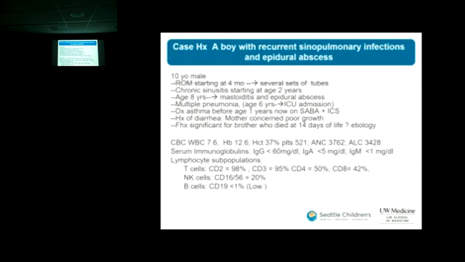And these lymphocyte subpopulations that we also recommended include T, NK, and B cells, and what you can see here is that this child has a CD19 count of less than 1%. So, want to guess the diagnosis?